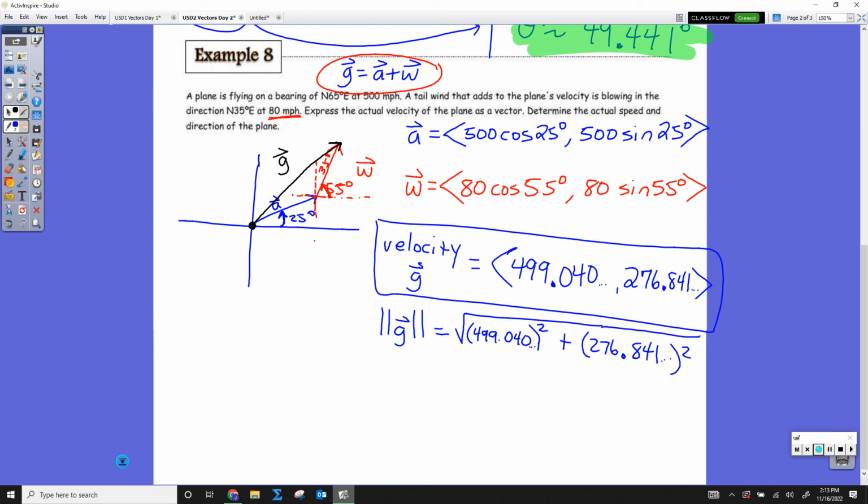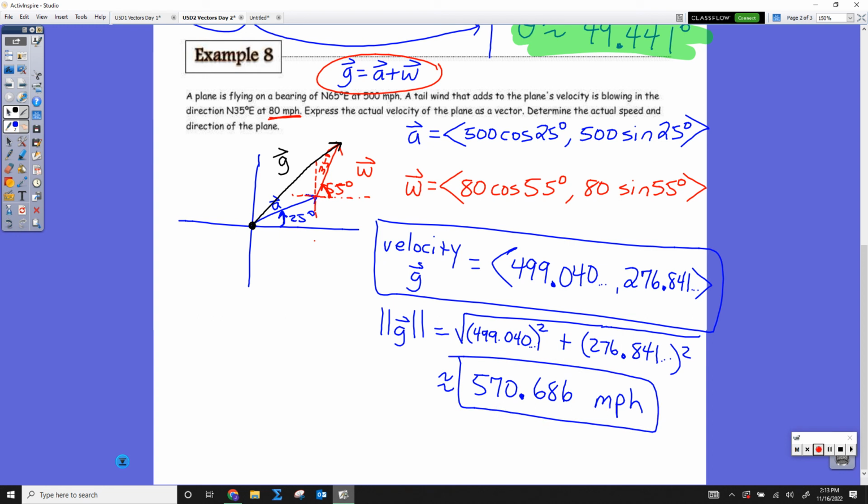This is going to help us get our actual speed, which is approximately 570.686. And we're talking about miles per hour. So that's the actual speed of our plane.